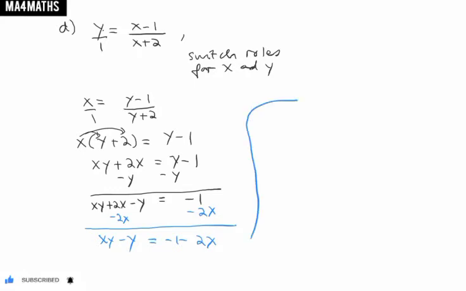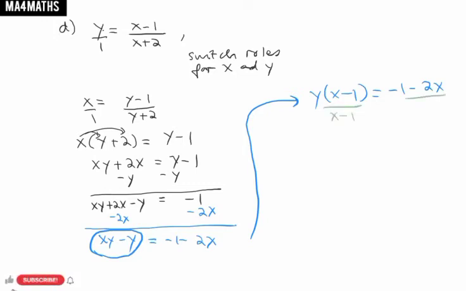So what's going to happen here? The next step, you would want to factor out y. And so you'll have y times x minus 1 equals -1 minus 2x. If you divide both sides by x minus 1, then you will end up with the inverse, or y equals -1 minus 2x over x minus 1.